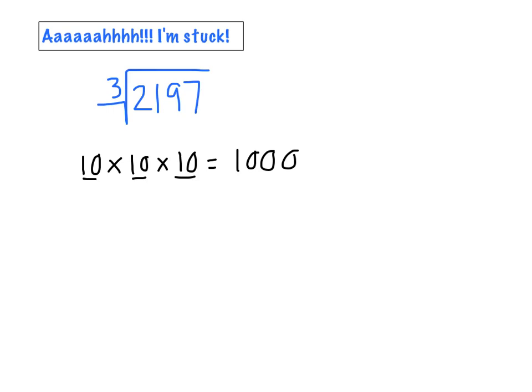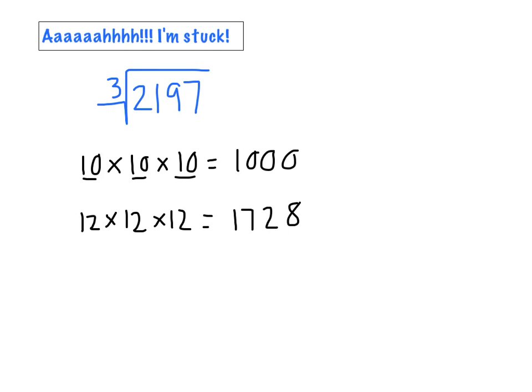So maybe then you go into your calculator and you try out 12 times 12 times 12. And you find that you get 1,728. You might then choose to go up to the next number or to skip around, but you are certainly getting closer.